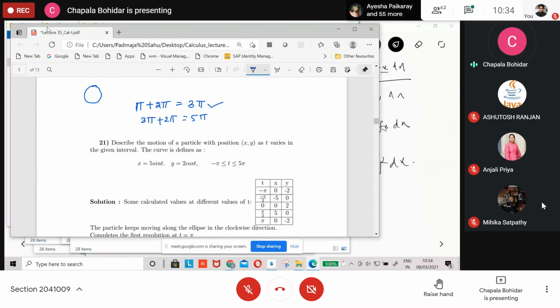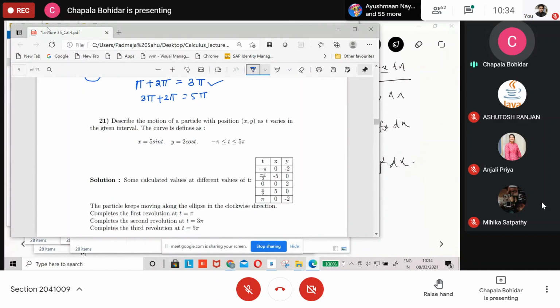Okay. So here, what type of equation is it? It is given as x is equal to 5 sin t, y is equal to 2 cos t. I can write x by 5 is equal to sin t and y by 2 is equal to cos t. That is x square by 25 plus y square by 4 is equal to sin square t plus cos square t, which is equal to 1.